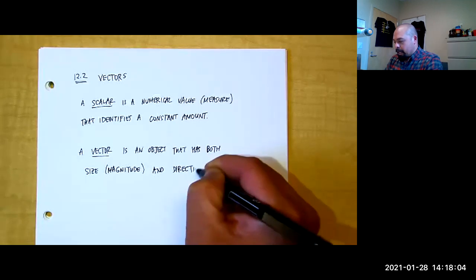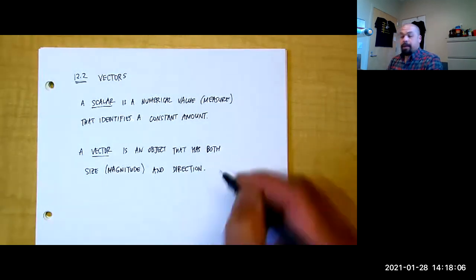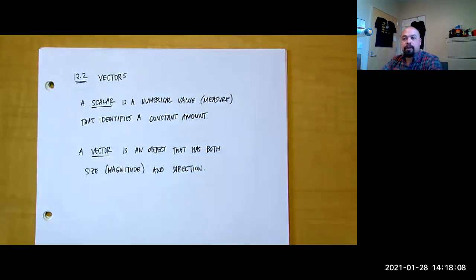And again, for those students that might have taken linear algebra, I'm sure you've talked about vectors in that course as well, right? But this vector has these two quantities, these two characteristics associated to it.